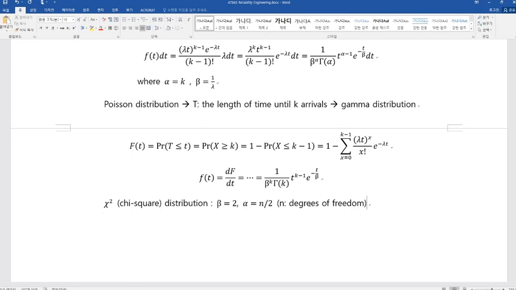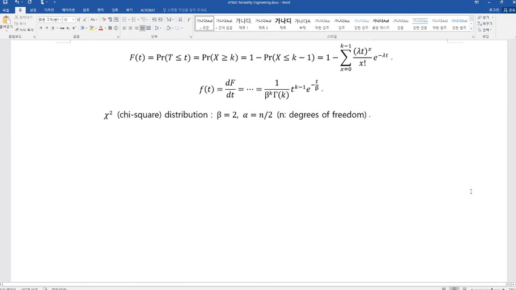When beta equals 2 and alpha is defined as half of the degrees of freedom, then that is called the chi-square distribution. So maybe later you are going to learn about this.